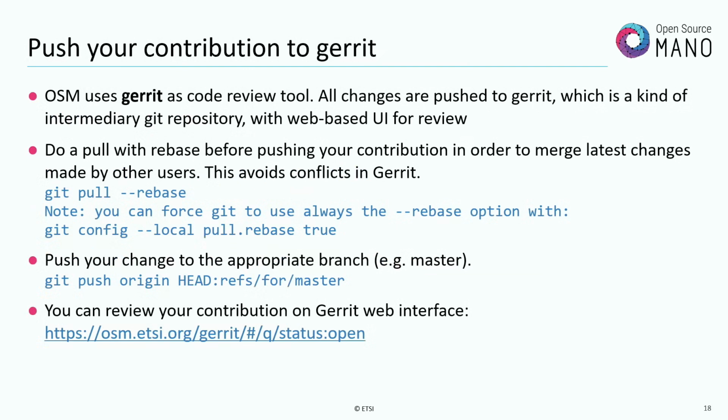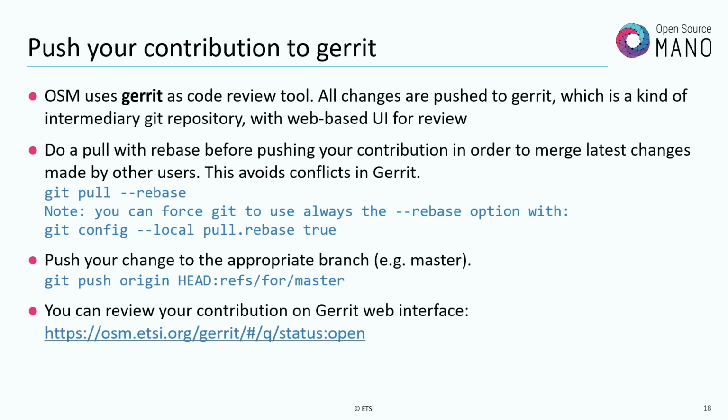Now we can push our contribution to the remote repository. OSM uses Gerrit as a code review tool, and before pushing our contribution to Gerrit, we need to use a rebase, git pull --rebase, because while we are working on a project, working on a commit, probably the project could be updated. Other people already pushed some commits, so we need to be sure that we are working on the latest version of this repository.